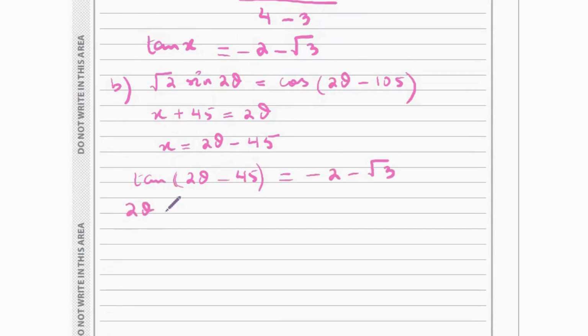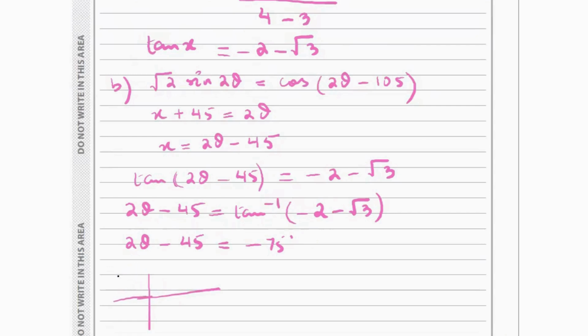And I'm going to find tan inverse of negative 2 minus root 3, which is going to give us a value of negative 75. Now tan is negative in the second quadrant and the fourth quadrant. So one value is going to be 180 minus 75, which is 105, and then 360 minus 75, which is 285.